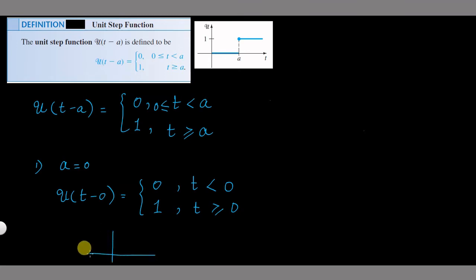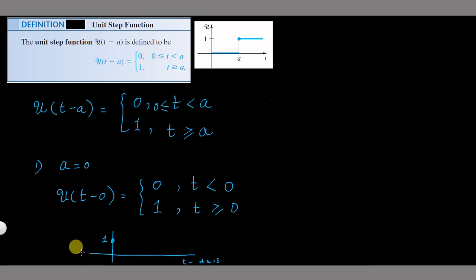This is the t-axis, and this is value 1. Whenever t is smaller than 0, the answer will be 0.